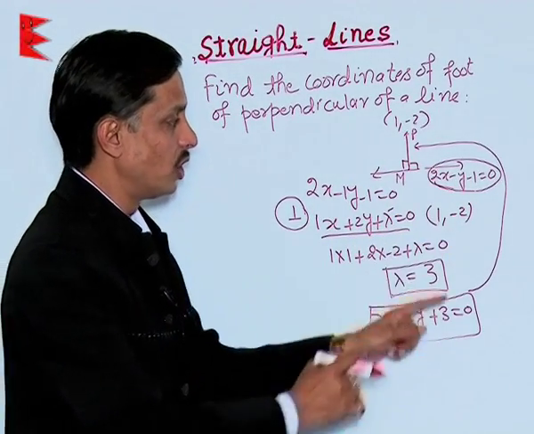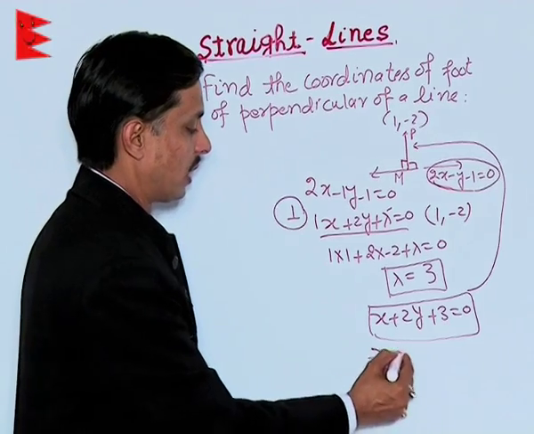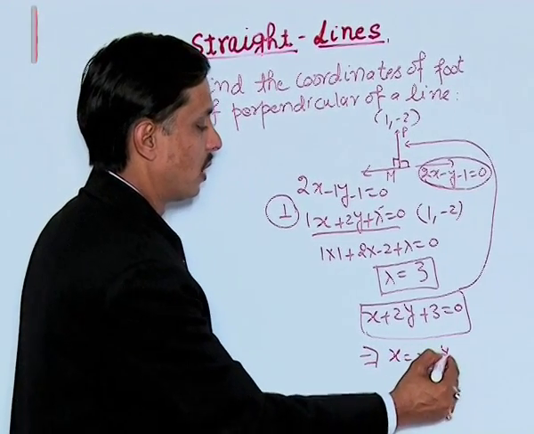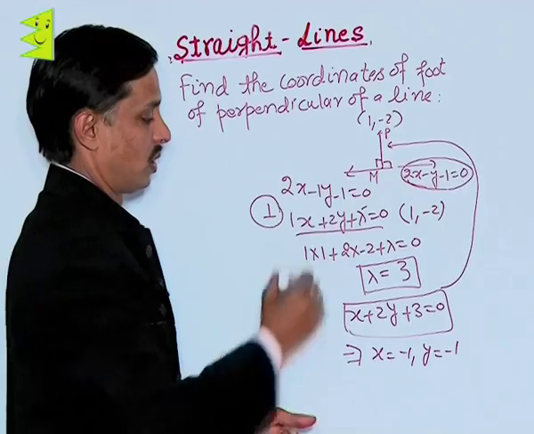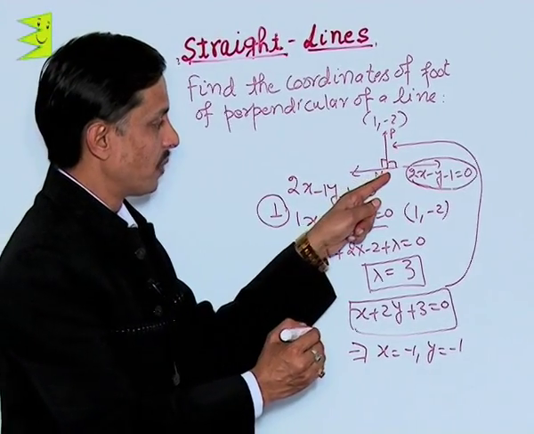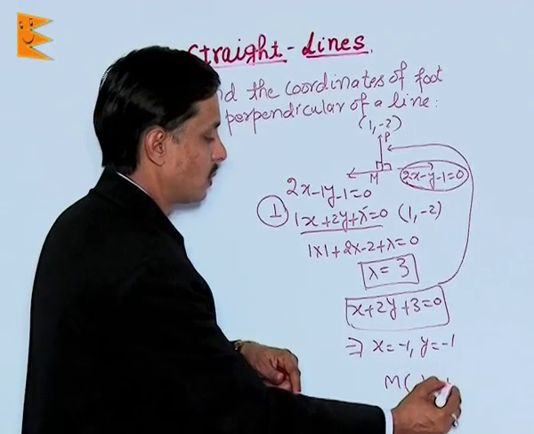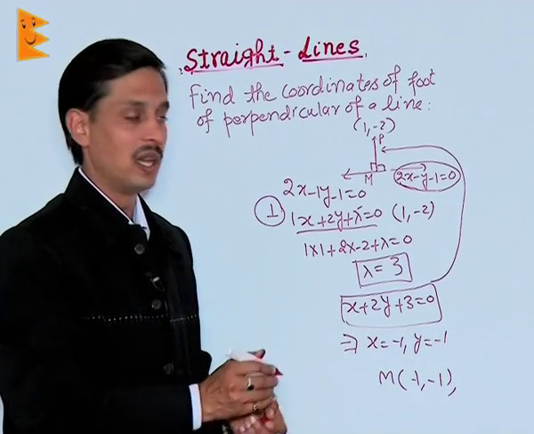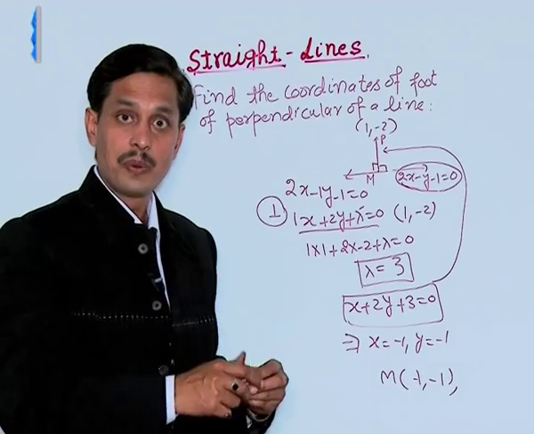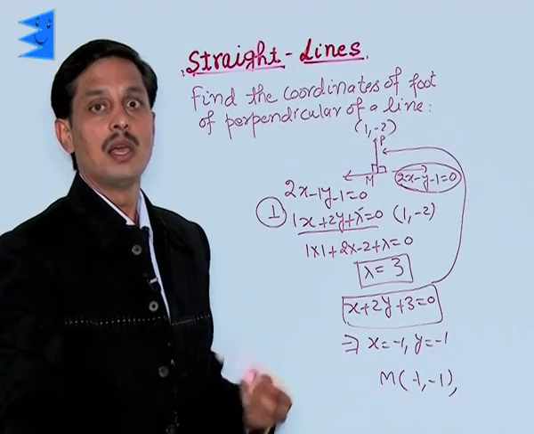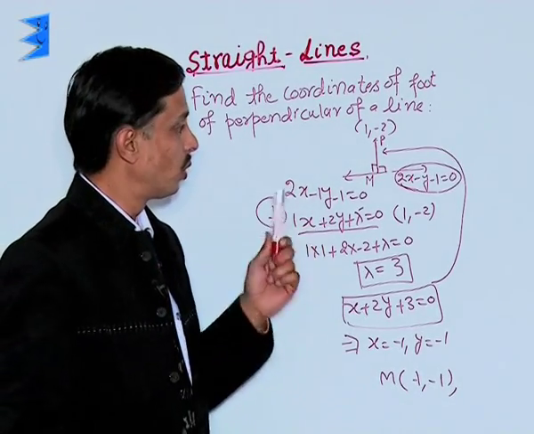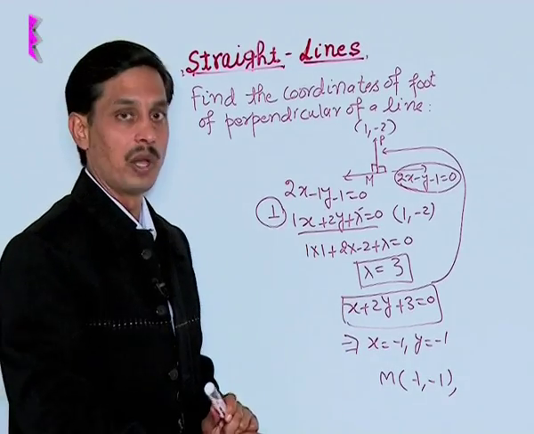If we solve these two, we will get x as minus 1 and y as minus 1. So we conclude the coordinates of the point M, the foot of the perpendicular, are (minus 1, minus 1).